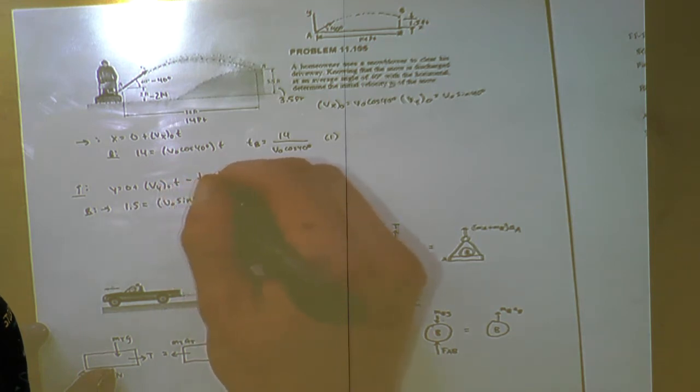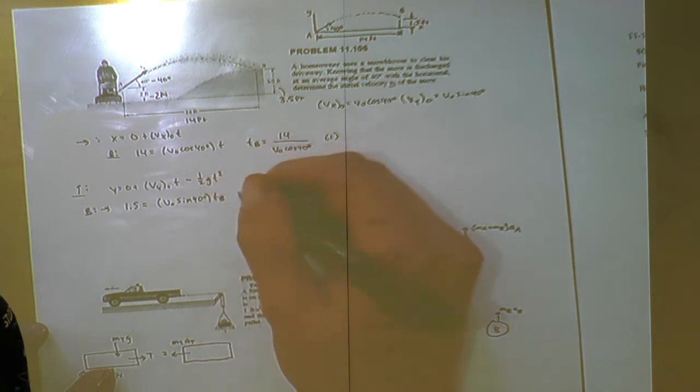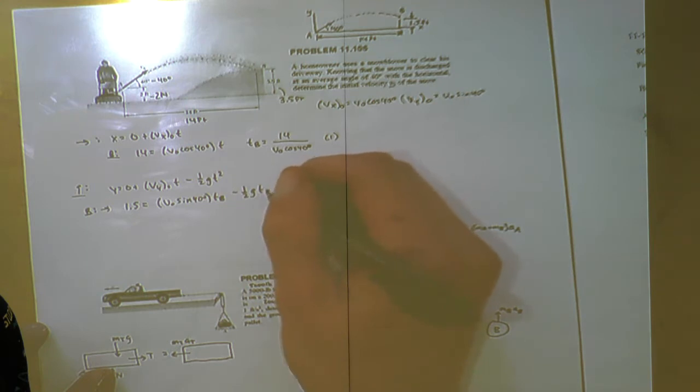And then at B, we have that y is equal to 1.5 feet. The original is VO sine of 40 degrees times TB minus 1/2 g TB squared.